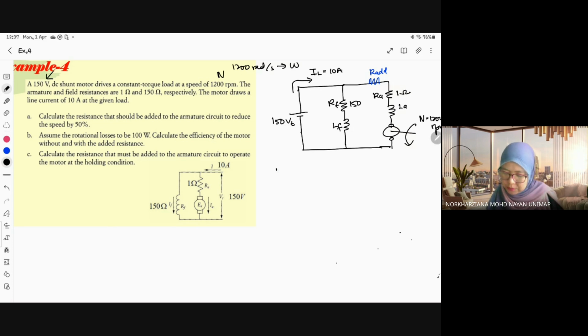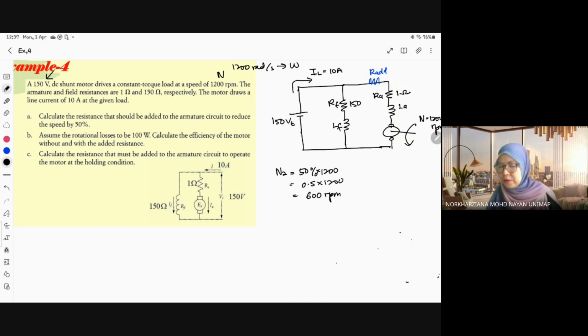So now the new speed N2 needs to be reduced by 50%. 50% of 1200, so 0.5 times 1200 is 600, just divide by 2. This is your new speed.